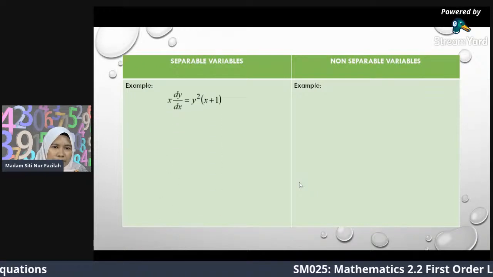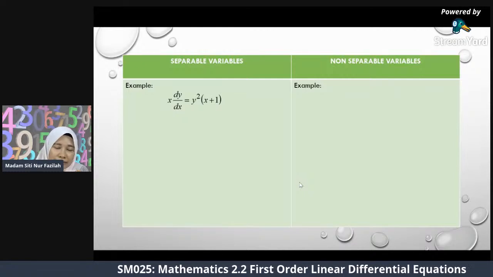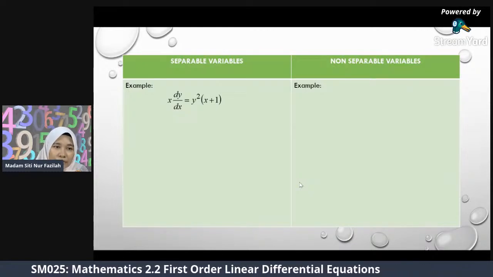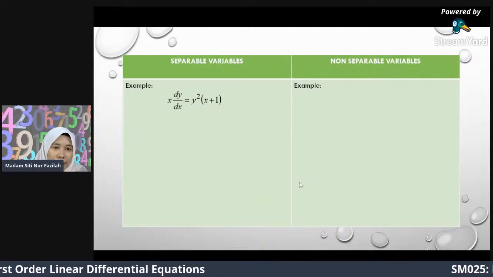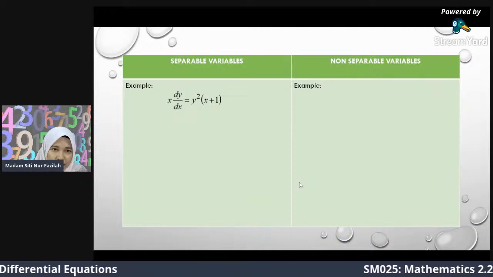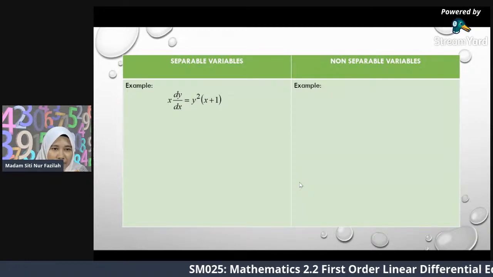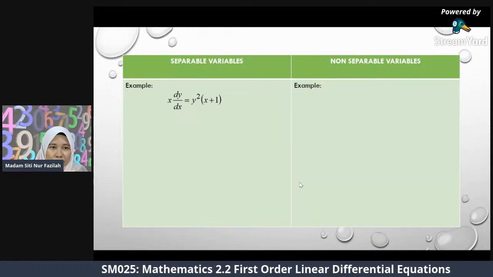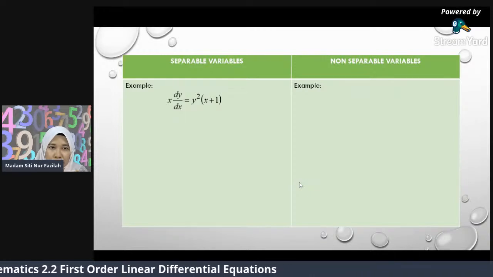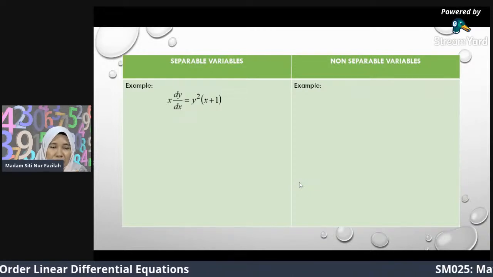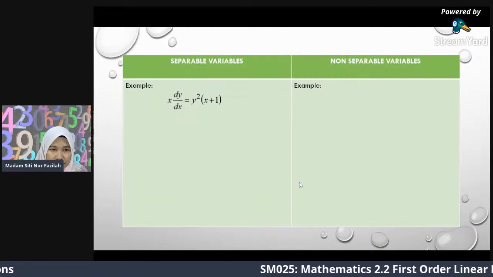Okay, let's see, we have this DE here: x dy over dx equal y squared multiplied by x plus 1. We have learned before the method of separable variable, where we try to separate the function of x and the function of y.